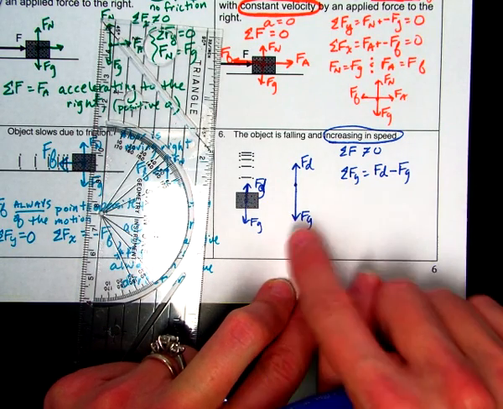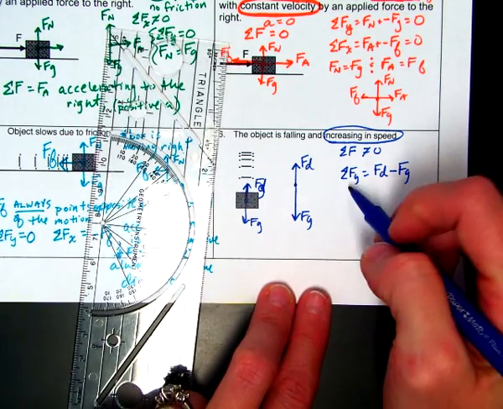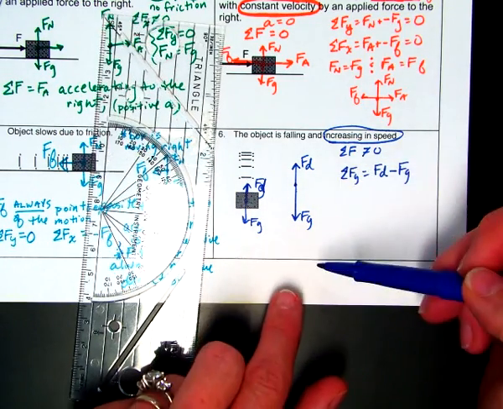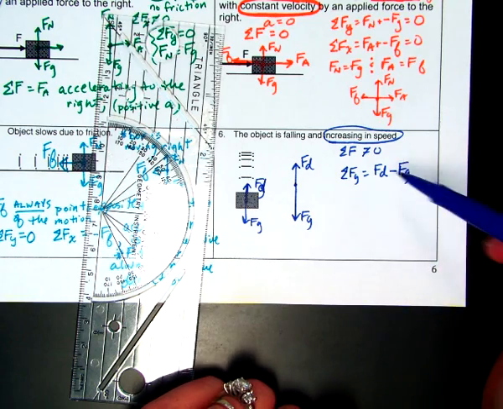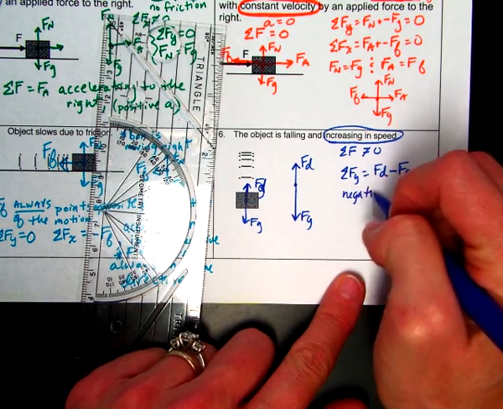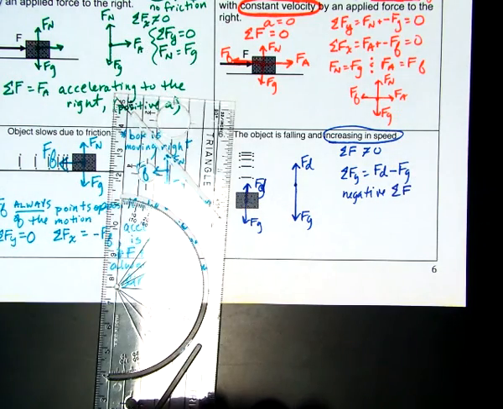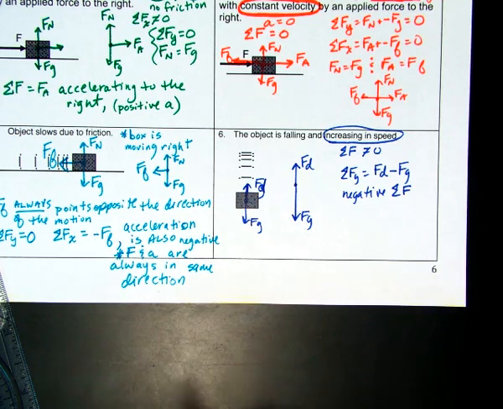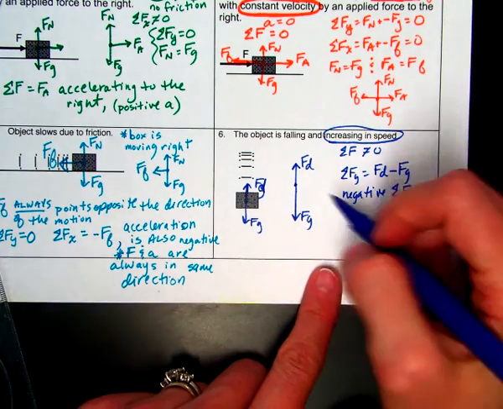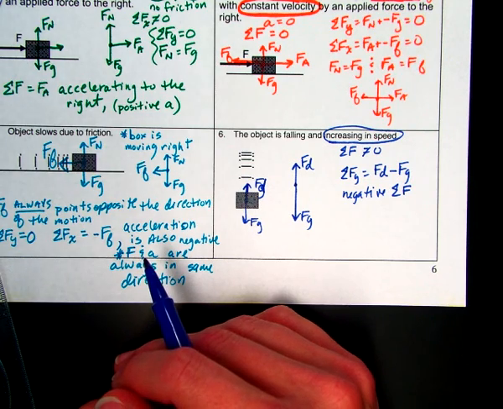And we know Fg has to be bigger, so our net force is going to be negative because we're falling in the downward direction. So if we add these together, we would get a negative net force, okay? A negative net force because we're accelerating in the negative direction. We're speeding up in the negative direction. Good?